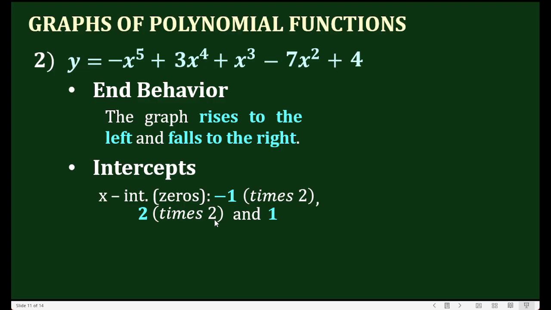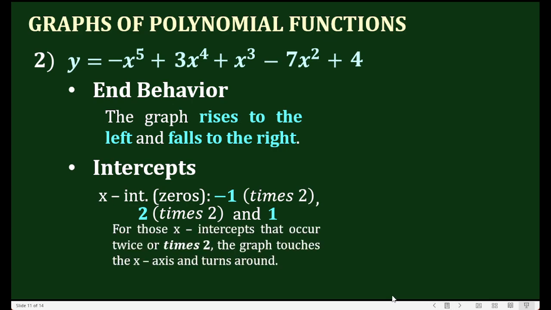Their multiplicities are both even, since 2 is an even number. So what does this mean when it comes to the behavior of the graph? Now, for those x-intercepts or zeros that occur twice, it means that the graph touches the x-axis and turns around.